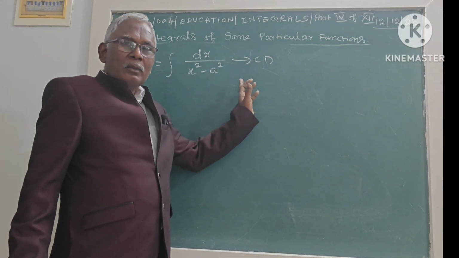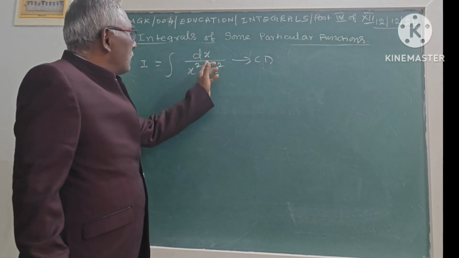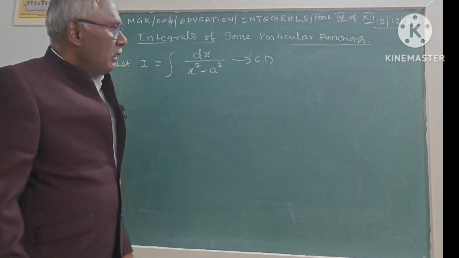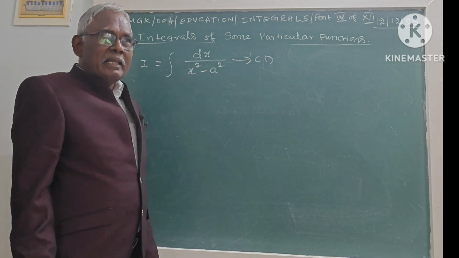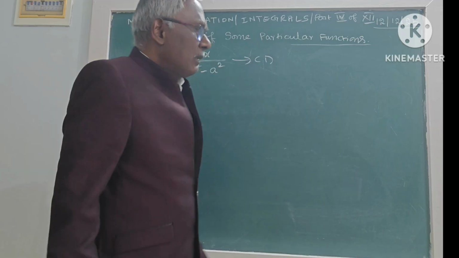So you can use partial fractions to find the value of this integral. X square minus a square can be factorized as x plus a into x minus a.